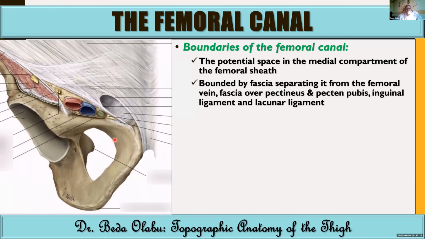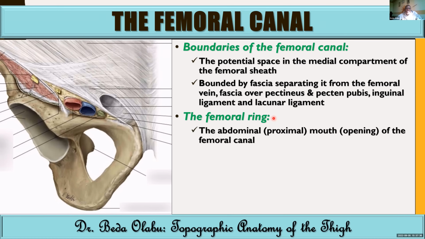Related to the boundaries of the femoral canal is what we call the femoral ring. So what is the femoral ring? The femoral ring is the proximal mouth of the femoral canal. Understand that if you have a tubular structure, that tubular structure is the canal, but it might have two openings, the proximal and the distal opening.